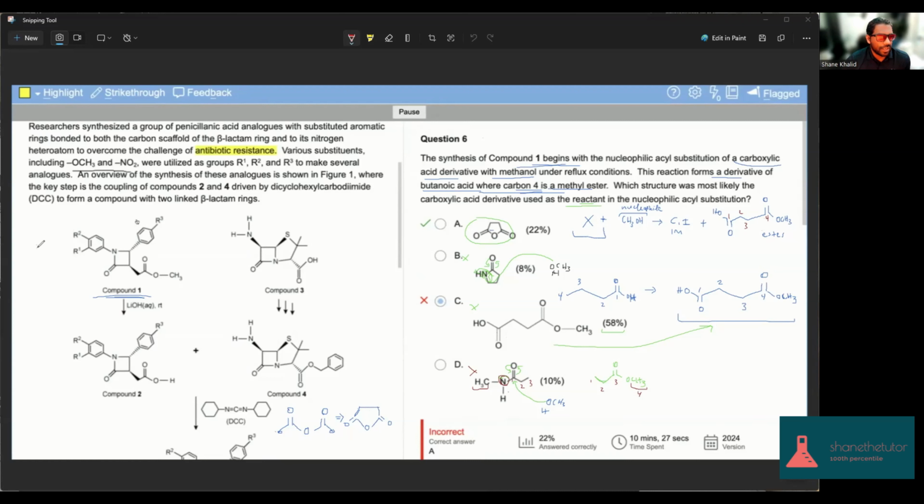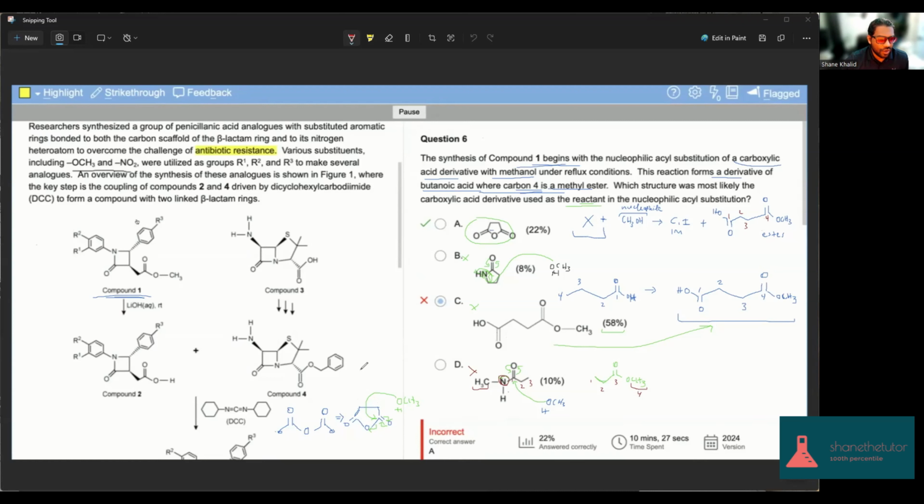Now, if we take our methanol, this will attack the carbonyl carbon, again momentarily moving the electrons from the double bond to the oxygen. And when it comes back to reform the double bond, it will break this bond, thereby opening up the cyclic compound.